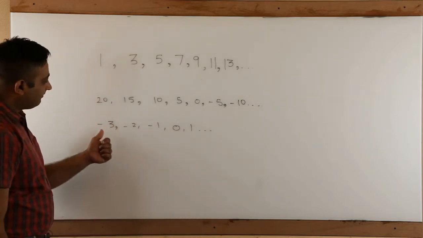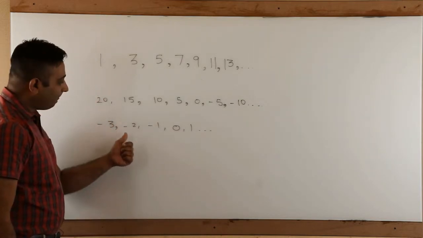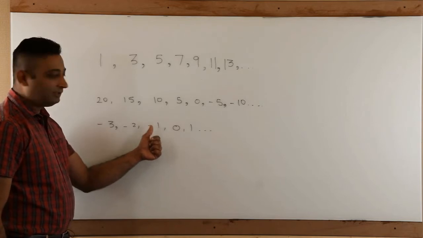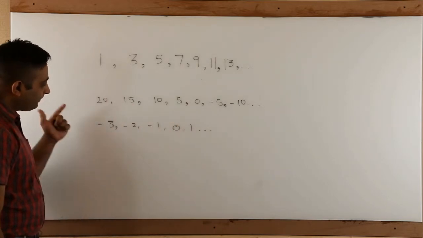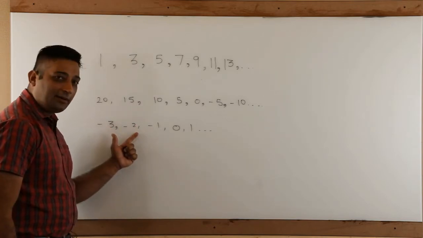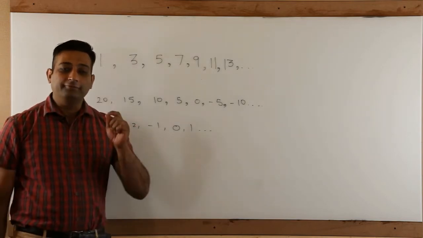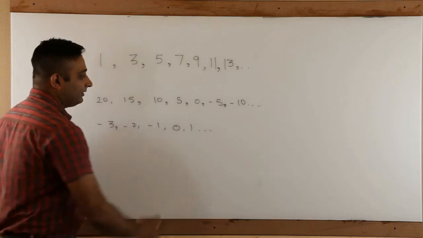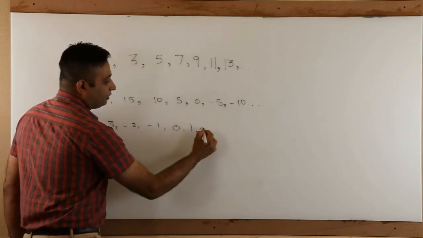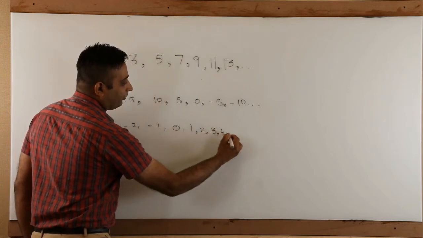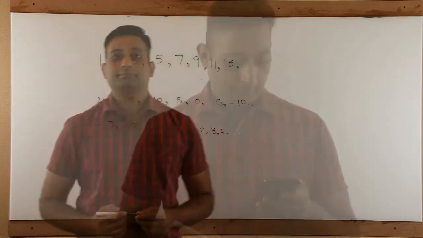In the third list, minus 3, minus 2, minus 1, 0, 1, we can easily see the pattern that each succeeding term is obtained after adding 1 to the preceding term. So we can easily write some next terms: 2, 3, 4 and so on.